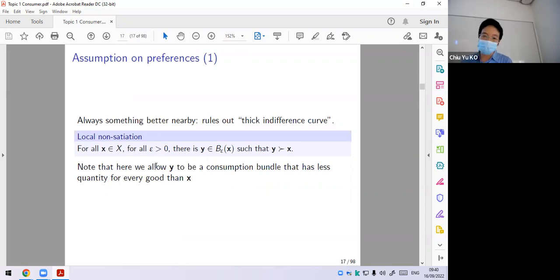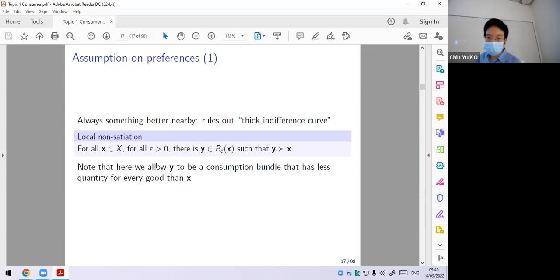And remember, the reason I want to do that is that these assumptions will translate themselves into utility, right? As is most often the case, we work on utility and make assumptions on utility, then we need to know what you mean by that on the primitive, the preference.